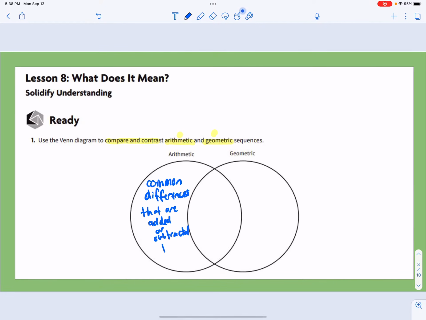You're going to have things like plus 2, minus 3 in terms of what's happening between the terms. For the geometric, it's not differences, if you recall, it's common ratios. That is multiplied to make a new term.